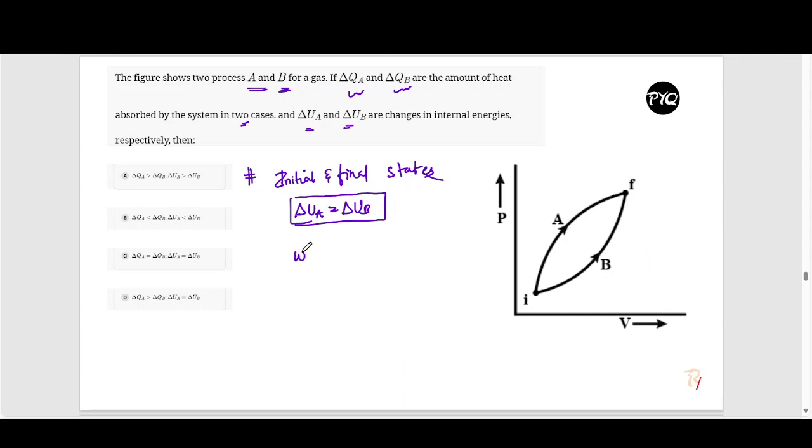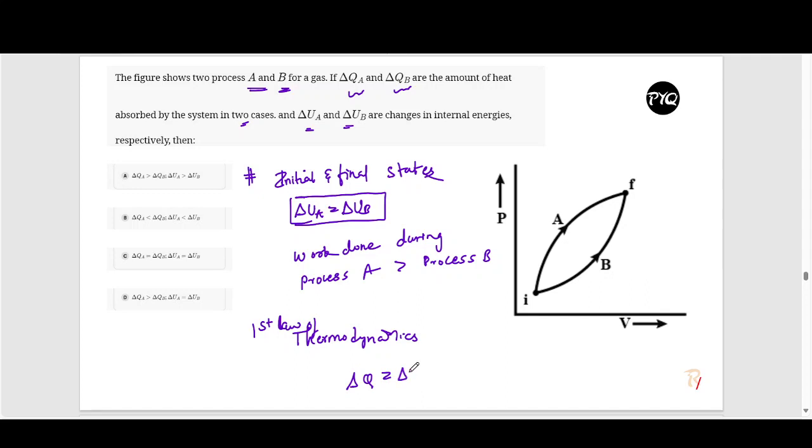Since the work done during process A is greater than process B, from the first law of thermodynamics, del Q equals del U plus del W, which gives me del QA is greater than del QB.